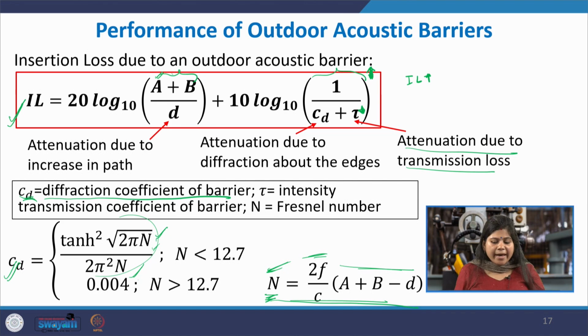Sorry, the other way around: at higher frequencies this value is going to decrease, this is going to increase, and hence the overall insertion loss is going to go up.